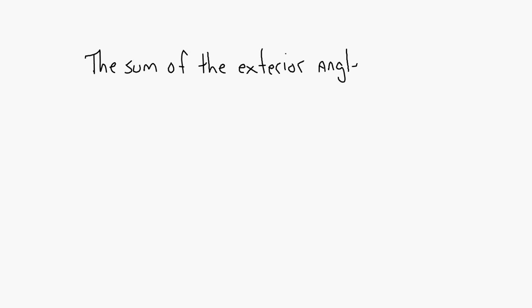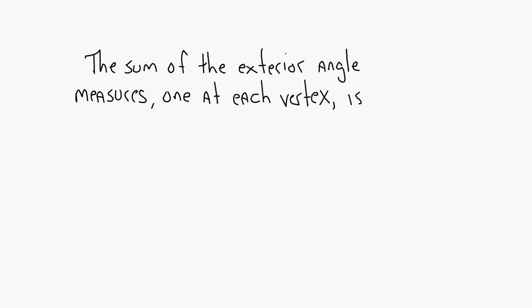Okay, write this down. The sum of the exterior angle measures, one at each vertex, is 360 degrees for all convex polygons.